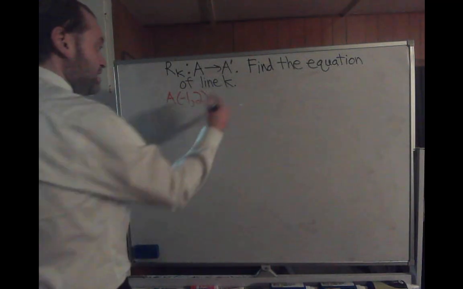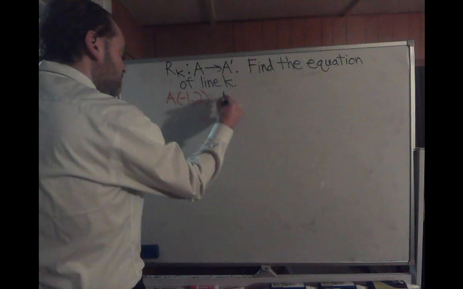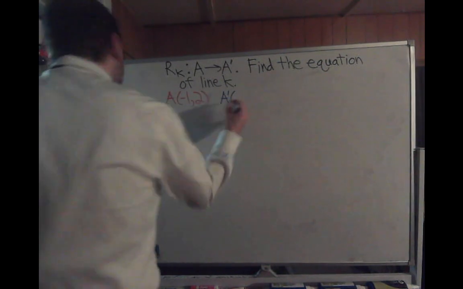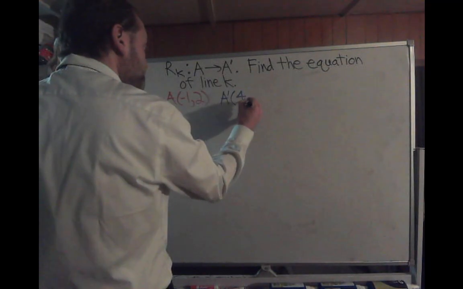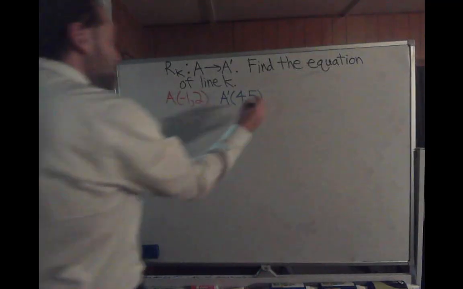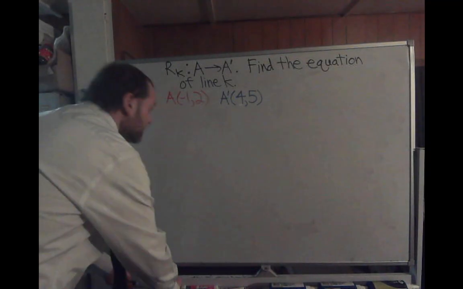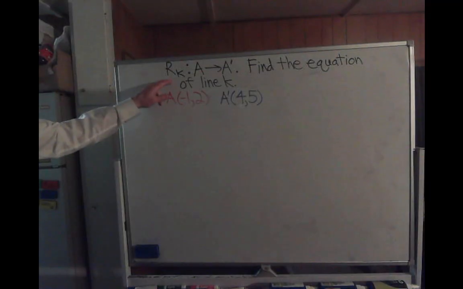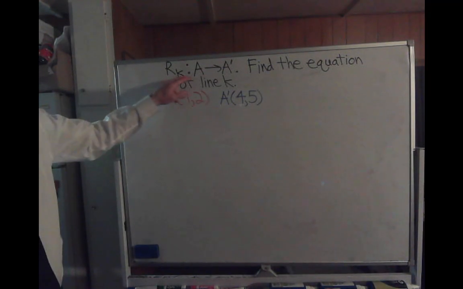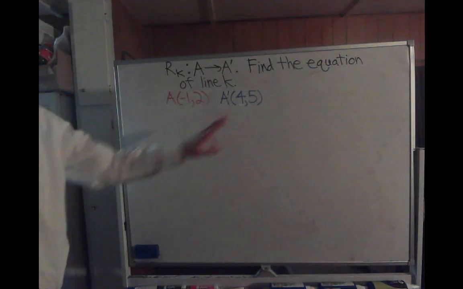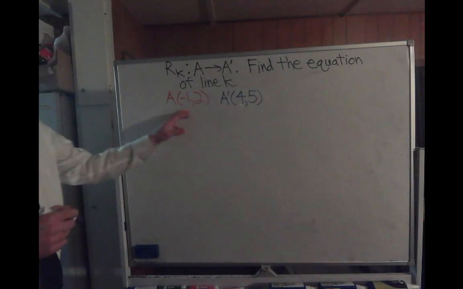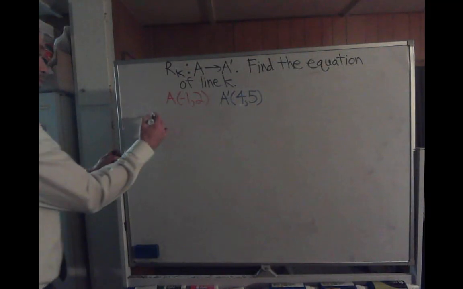And then we have A prime, which is going to be found at the point 4, 5. So this tells you here that the reflection through line K at point A being negative 1, 2 yields A prime of 4, 5. So first thing, find the slope of the line segment AA prime.